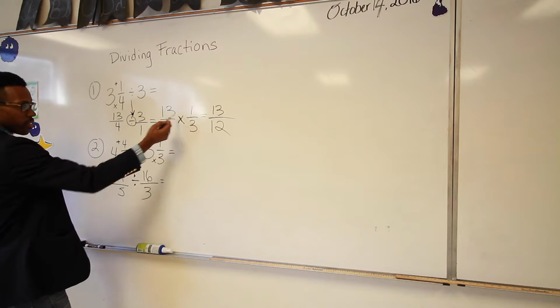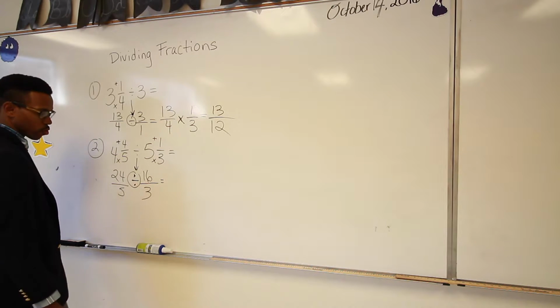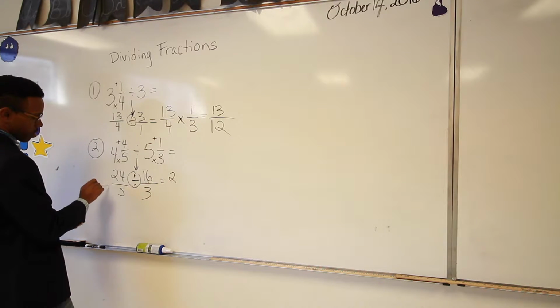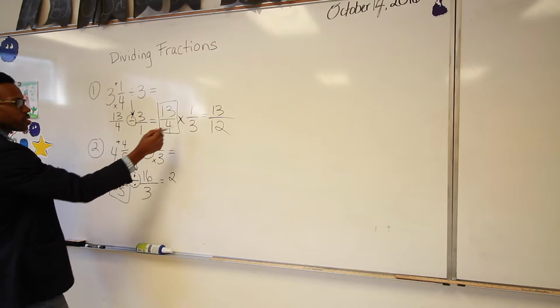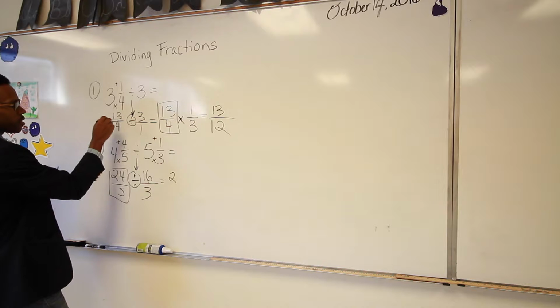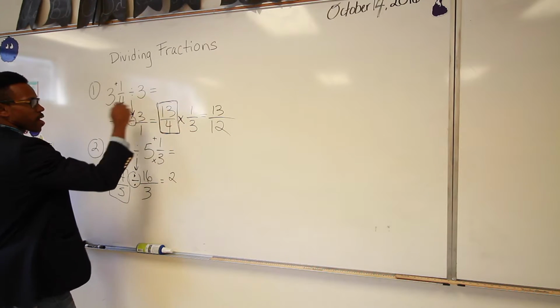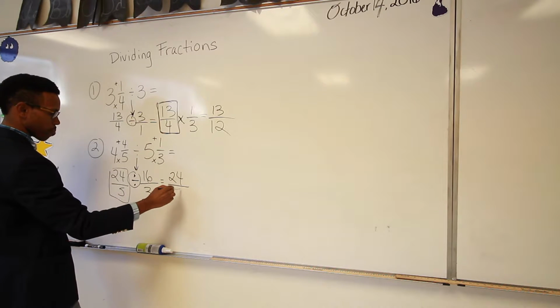Now, just like we did here, I'm ready to convert this operation to multiplication. So I keep this first number here, just like this first number here. When we change this operation to multiplication, we never change this first improper fraction.